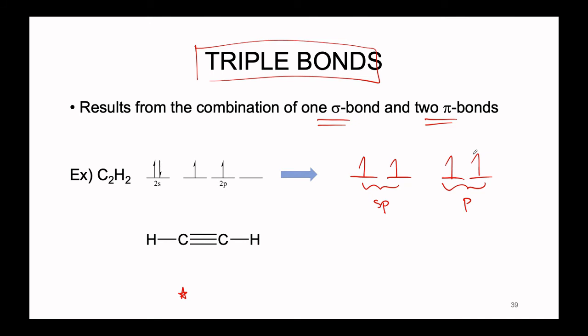So we're going to have 4 unpaired electrons, one in each of these orbitals. Well, if we're focusing on the carbon on the left, one of the sp orbitals is going to be between it and the carbon on the right, and the other sp orbital is going to be here on the left between it and the hydrogen. We're going to have 1 unpaired electron in each, so 1 electron on the left and 1 electron on the right.